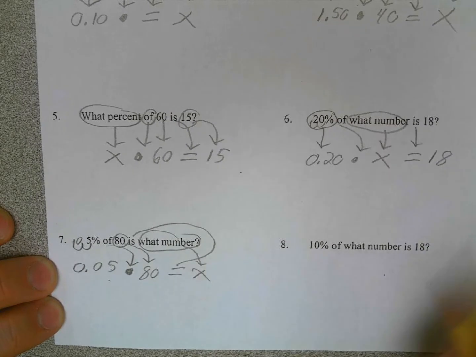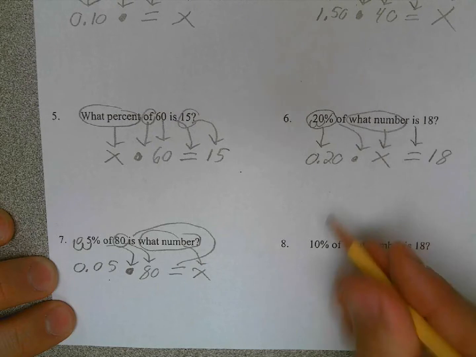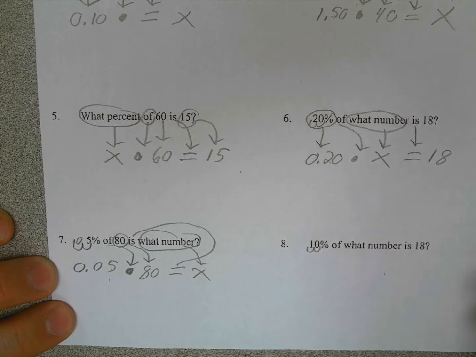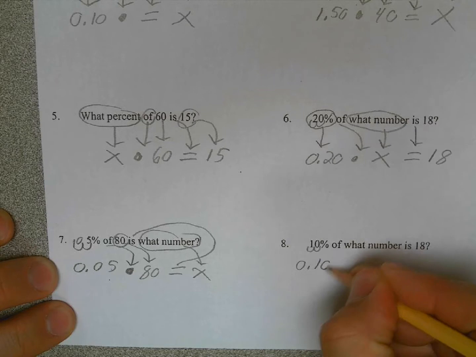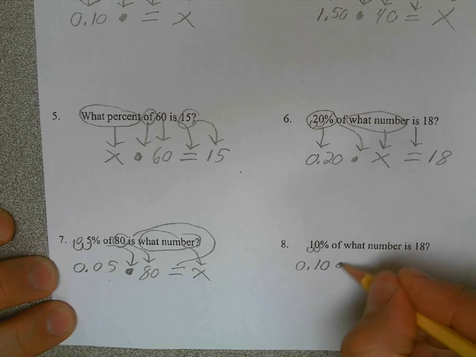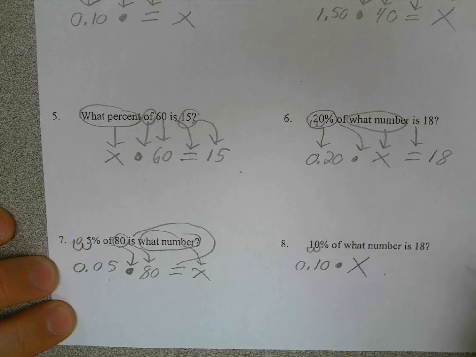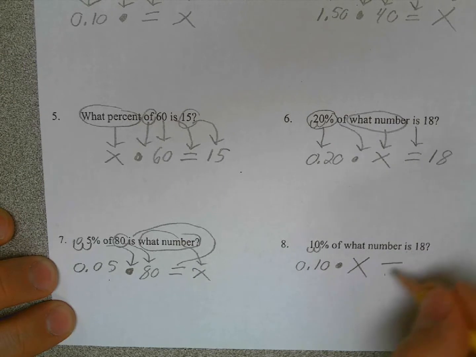X, right? 10%. I want to move it to a decimal, so I'm going to move it over to the left, 2 spots. 0.10 of times what number, don't know, X is equals 18.